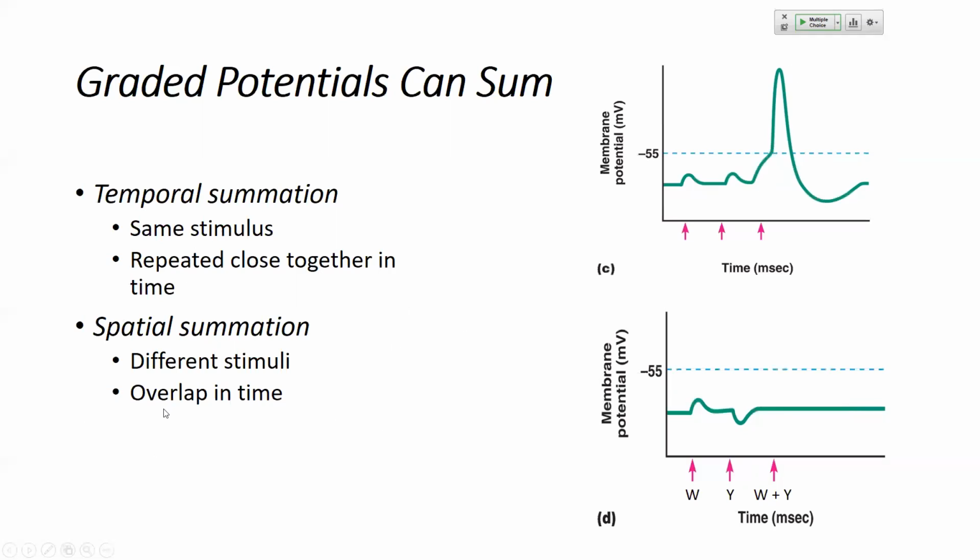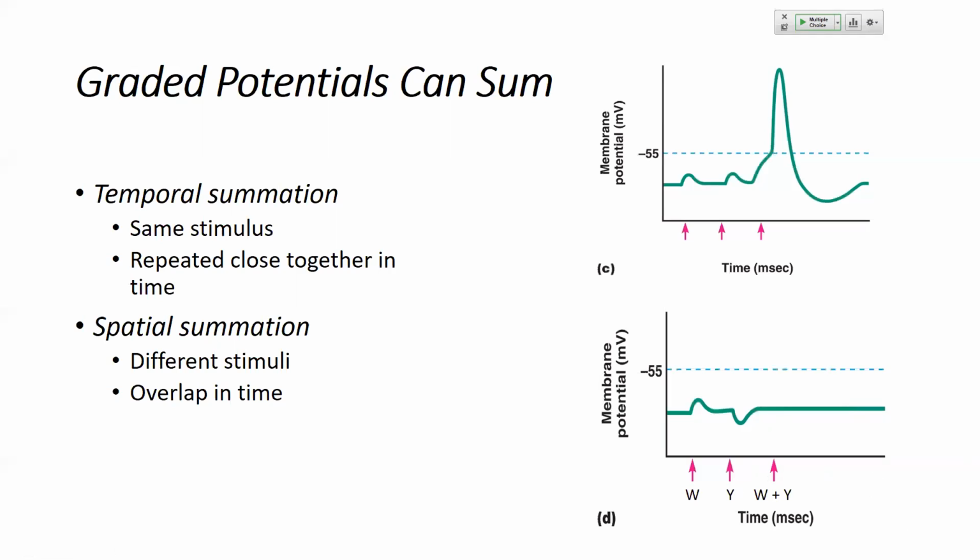Spatial summation is different. You have two different types of stimuli, right? In this example, you have a depolarizing stimulus and a hyperpolarizing stimulus. So the depolarizing is W, the hyperpolarizing is Y. And when you add those two different stimuli together, you get W plus Y, and these basically overlap in time.